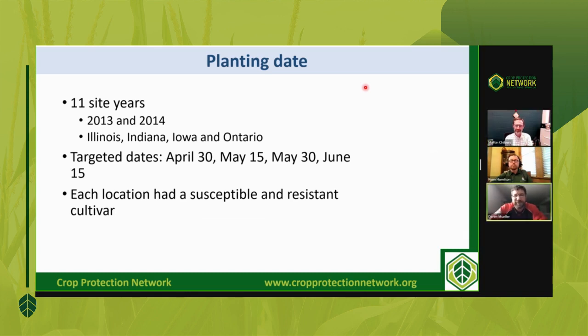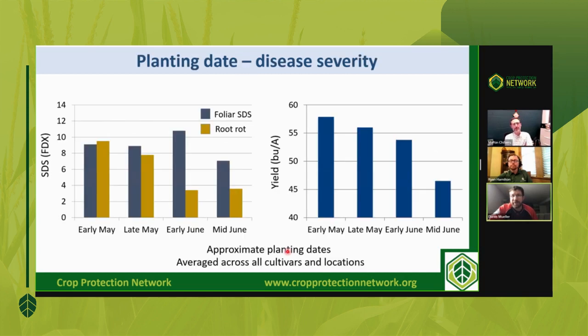Yeah, this is unfortunate. Like for white mold and SDS, whenever I talk to people about what practices you could do, it's essentially every practice that would lower your yield potential would be a way to manage SDS. And so this slide shows it, the disease bounces around. You do get less root rot for sure, that first phase of the disease when you plant later.